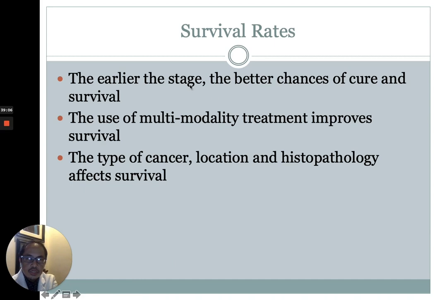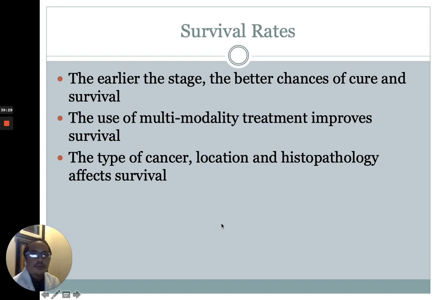The earlier the stage, the better the chances of cure and survival. The use of multimodality treatment also improves survival. So we use surgery, chemotherapy, and radiation therapy, and all of this improves survival. Now, the type of cancer and the location in the histopathology also affect survival.